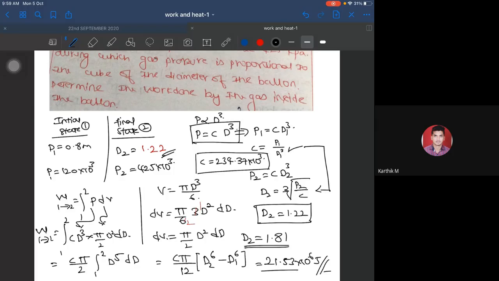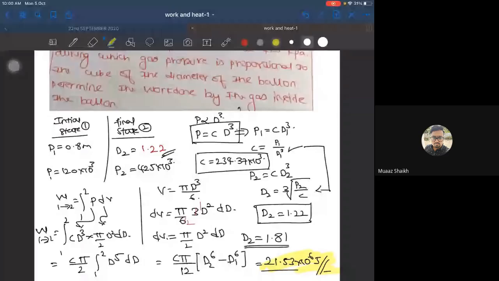Everyone else. 186.2 kilojoules. 6.23 into 10 power 3 joules.